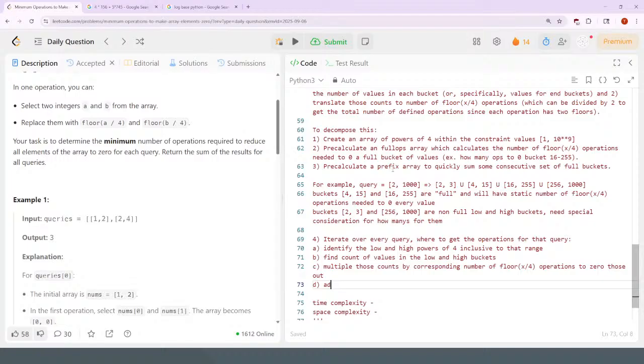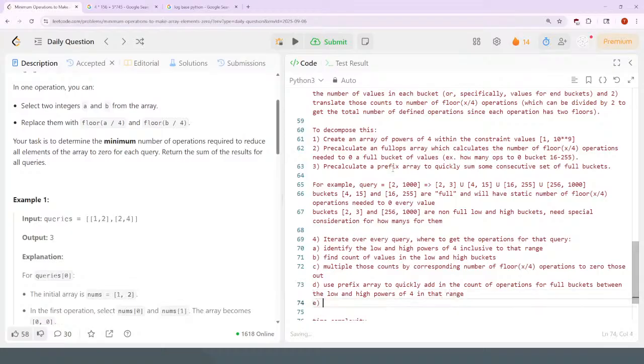And use the prefix array to quickly add in the count of operations for full buckets between the low and high powers of 4 in that range.